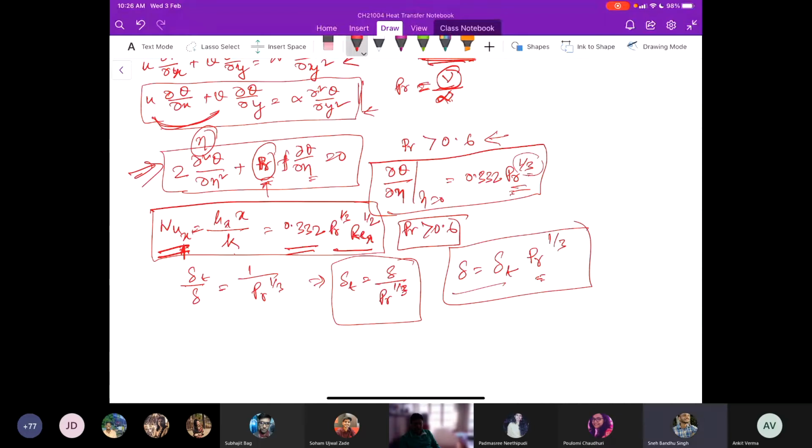But sir, if the Prandtl number is 1, the thermal boundary layer keeps on decreasing with x, and the hydrodynamic boundary layer keeps on increasing till a certain value. So how can it be the same at any point? Why is it decreasing?